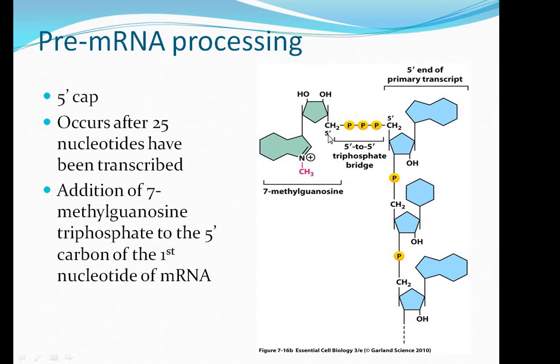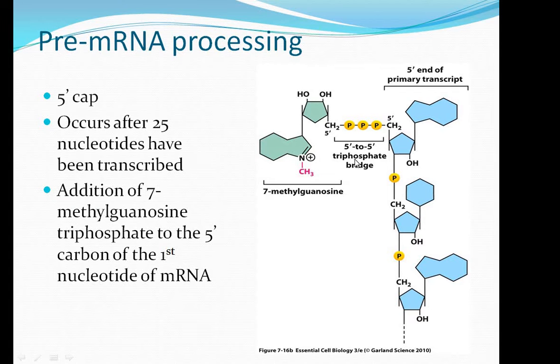On the 5' end of the pre-mRNA, once transcription occurs, the 5' end gets added with a 7-methylguanosine triphosphate molecule.